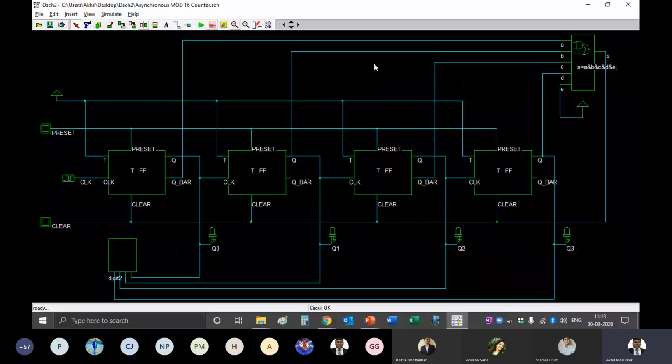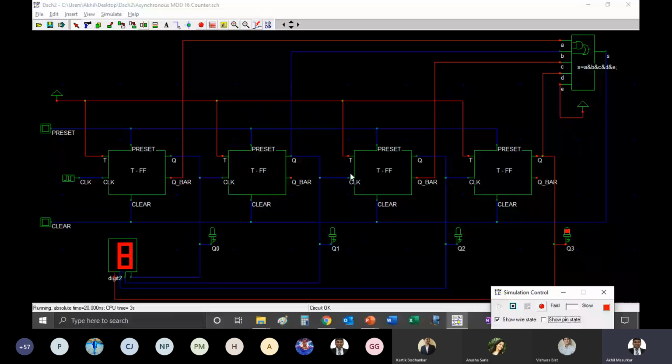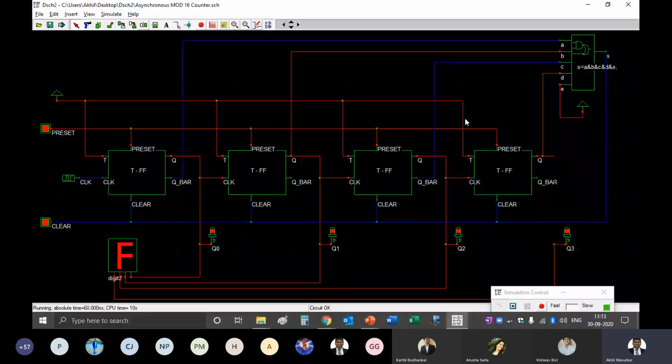So this is the circuit. Now I have to first clear it, and now let's see whether this thing simulates or not. Okay, there is a small problem inside this.